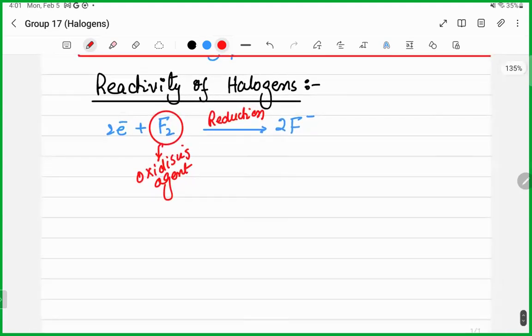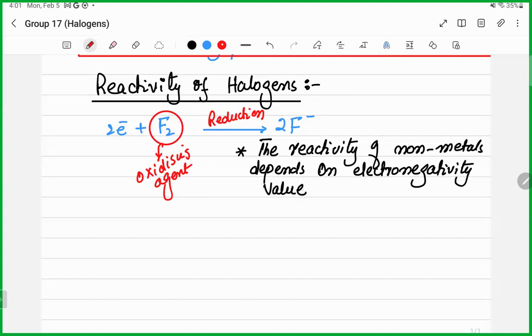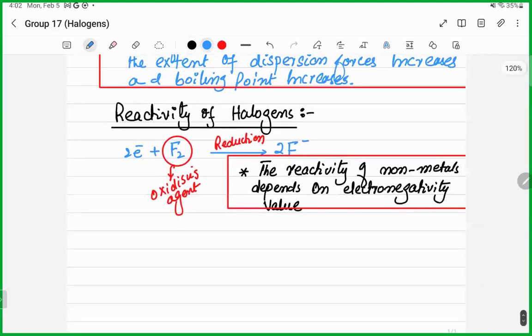So can I say that the reactivity of all non-metals depends on electronegativity value. सही है? So the reactivity depends on the electronegativity value. Larger the electronegativity value, higher would be the reactivity. ठीक है? So reactivity directly depend करती है electronegativity पे.